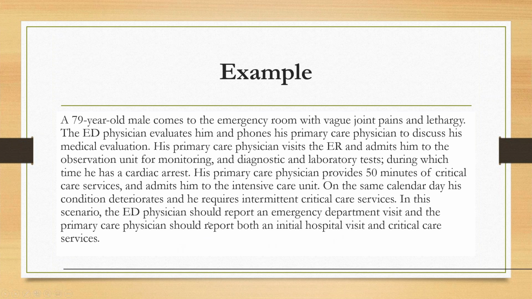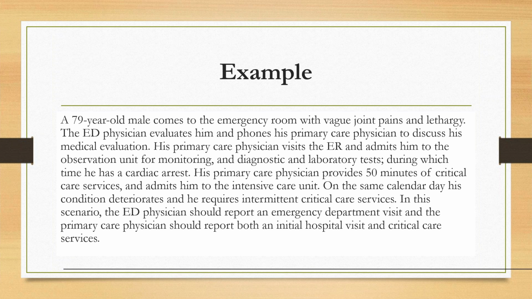Now, I just wanted to kind of go over this with you because in this particular case, just to go slow from a coding nerd standpoint, the patient comes into the ER and the PCP also sees him. So the ED guy simply gets to bill his emergency room visit, his 99284, 99285.